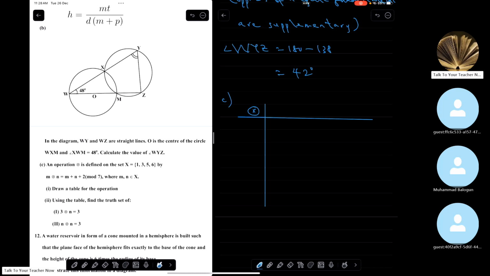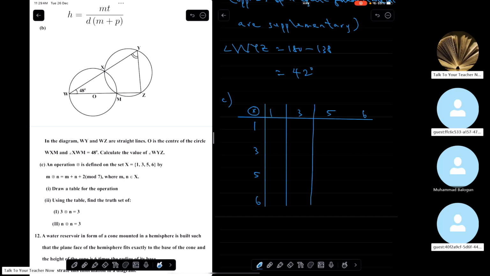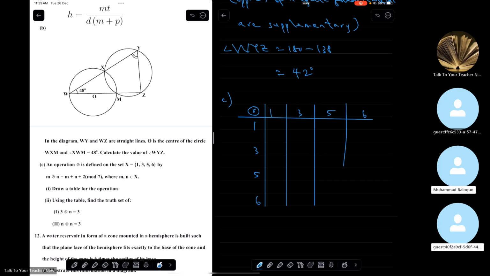You put every value horizontally and vertically: 1, 3, 5, 6 here, and 1, 3, 5, 6 there too. Let's make columns here. Do you understand?